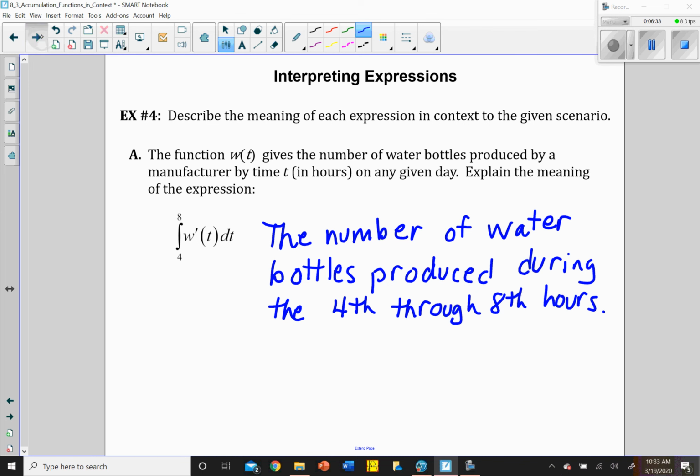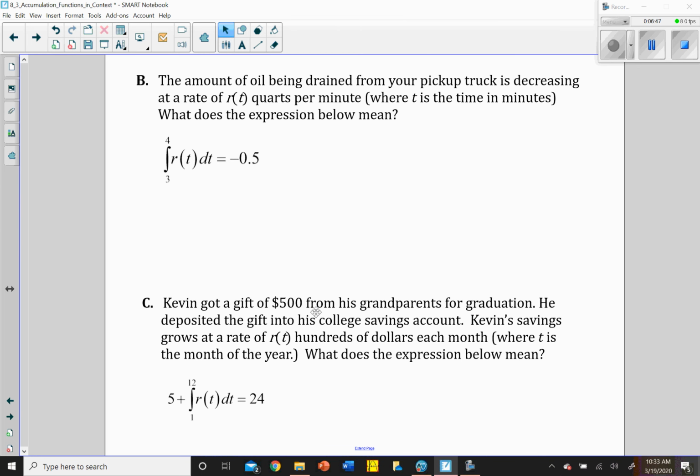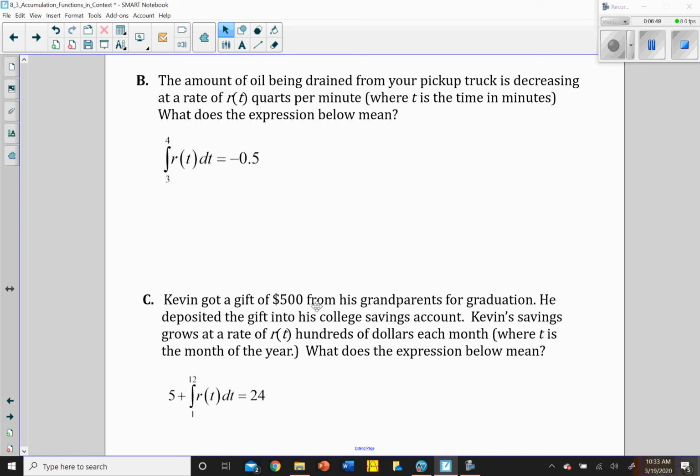The next one, part B, the amount of oil being drained from your pickup truck is decreasing at a rate R of t quarts per minute, where t is the time in minutes. What does the expression mean? The antiderivative from 3 to 4 for the rate is -1/2.